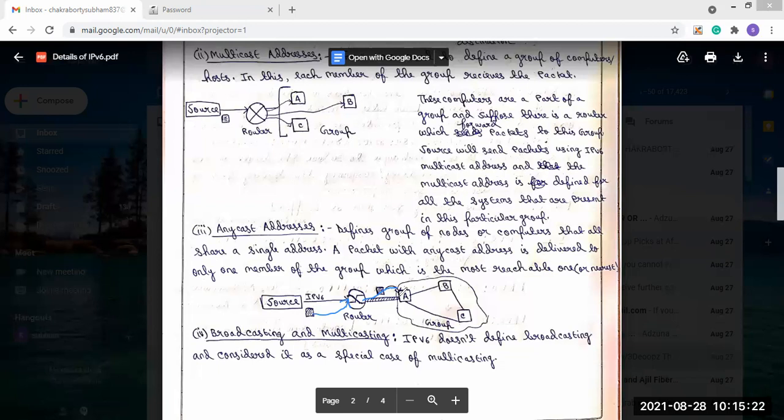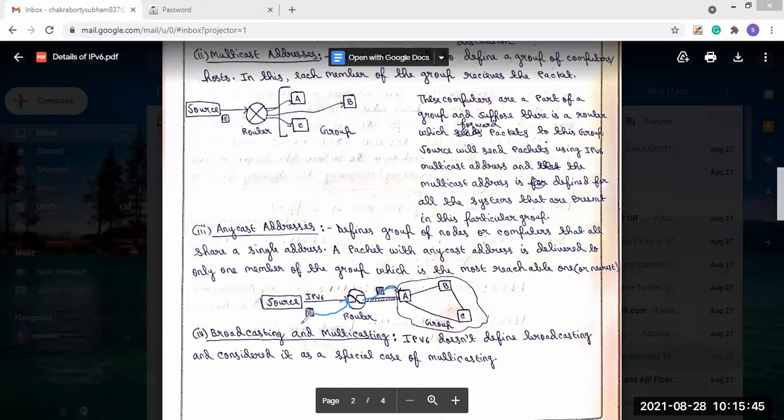So this is the difference. In the case of a multicast address, we have seen that the packet will be sent to all the systems present in the group. But here the packet will be sent only to the system that is nearest to the router, the most reachable one. So this is the difference between multicast and Anycast addresses.